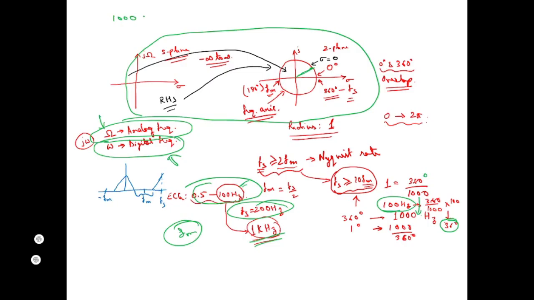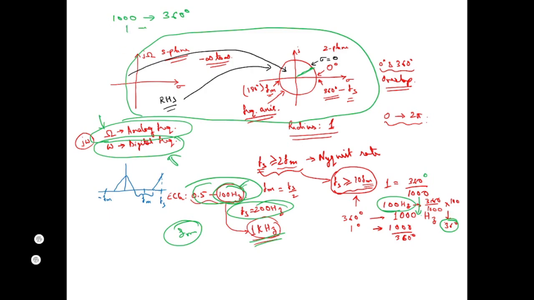Our 1000 hertz, which is the sampling frequency, corresponds to 360 degrees, right? We need to place this 100 hertz component.